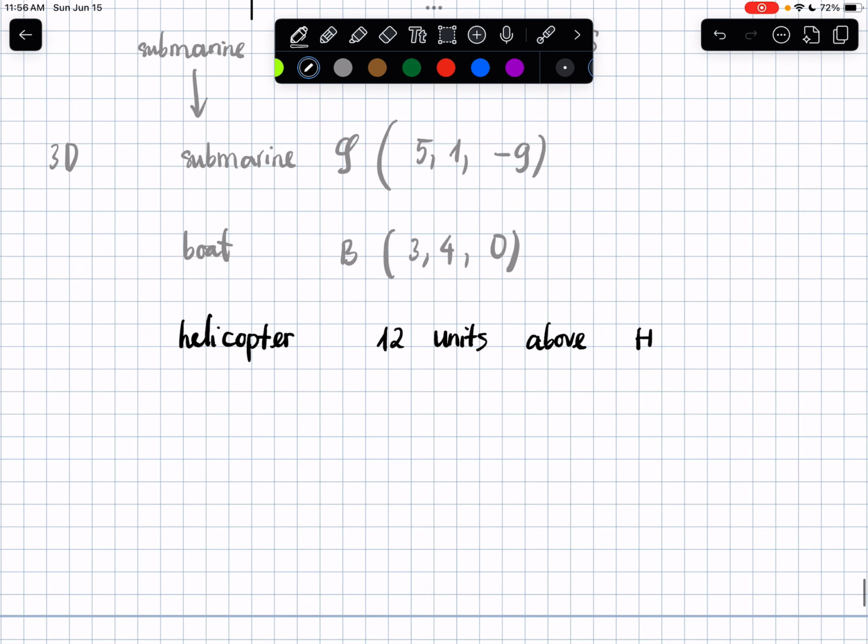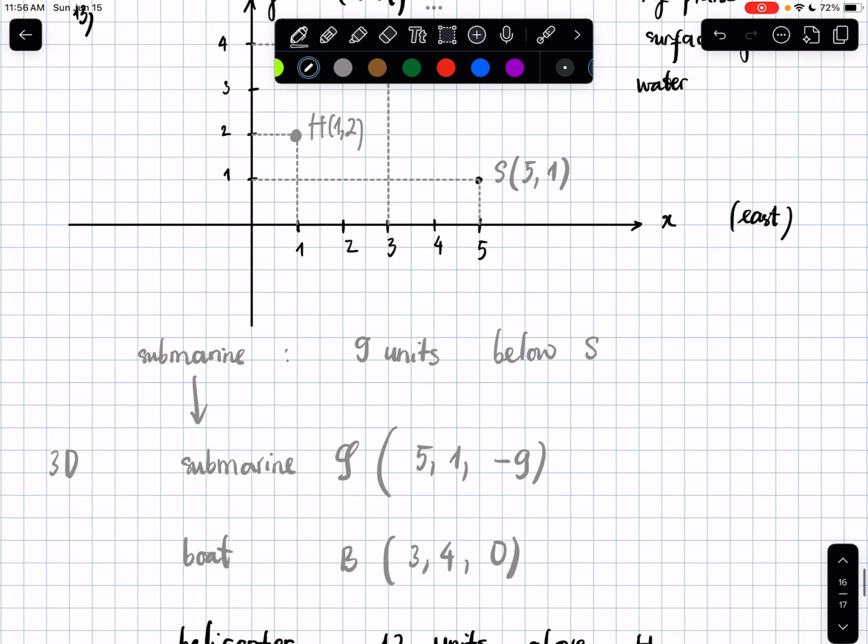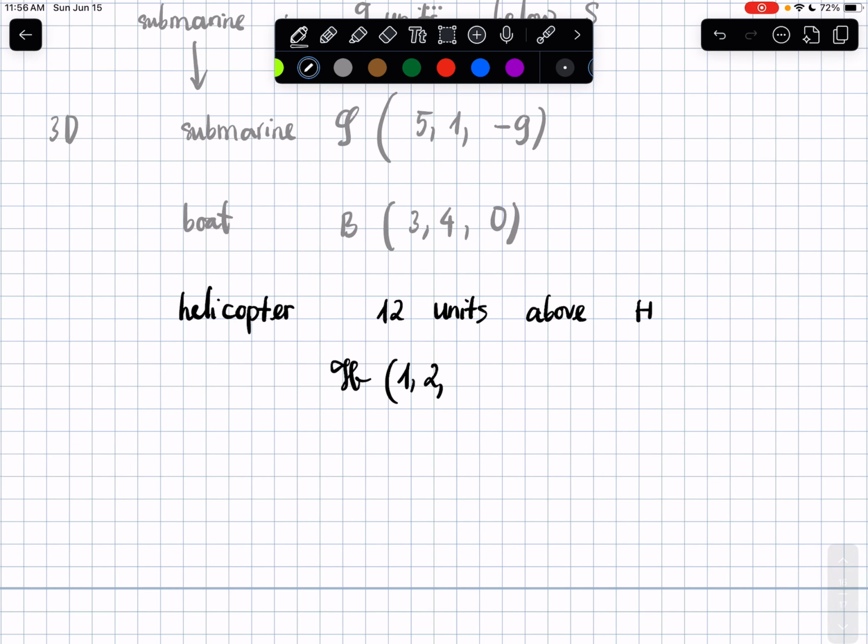Let me put helicopter, H is 1, 2, so we have 1, 2, 12.